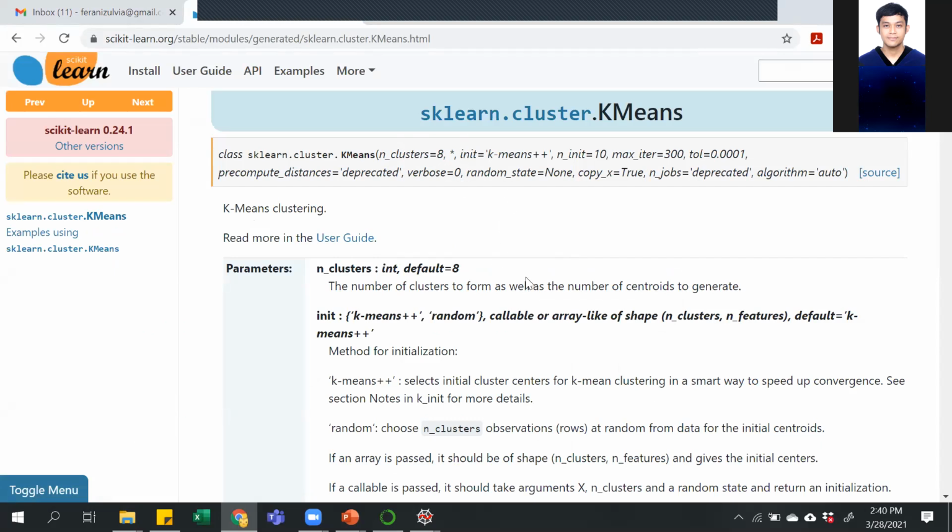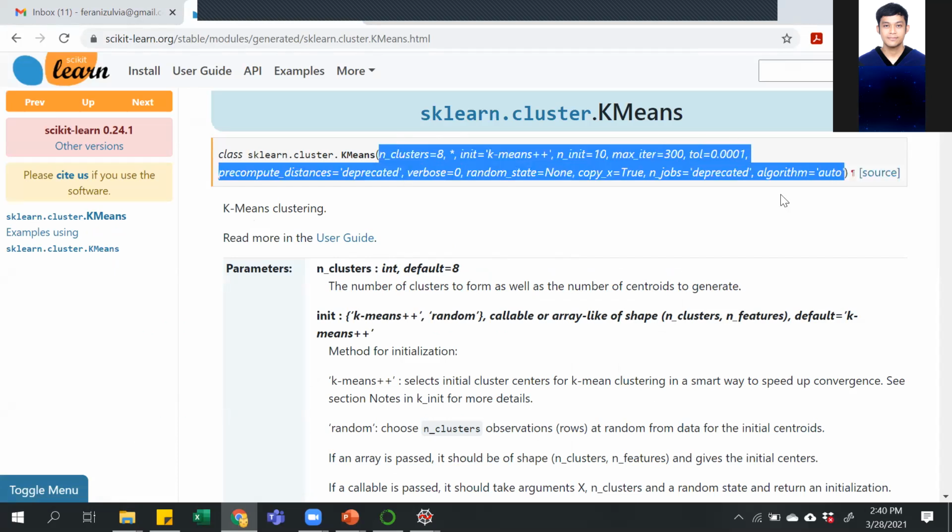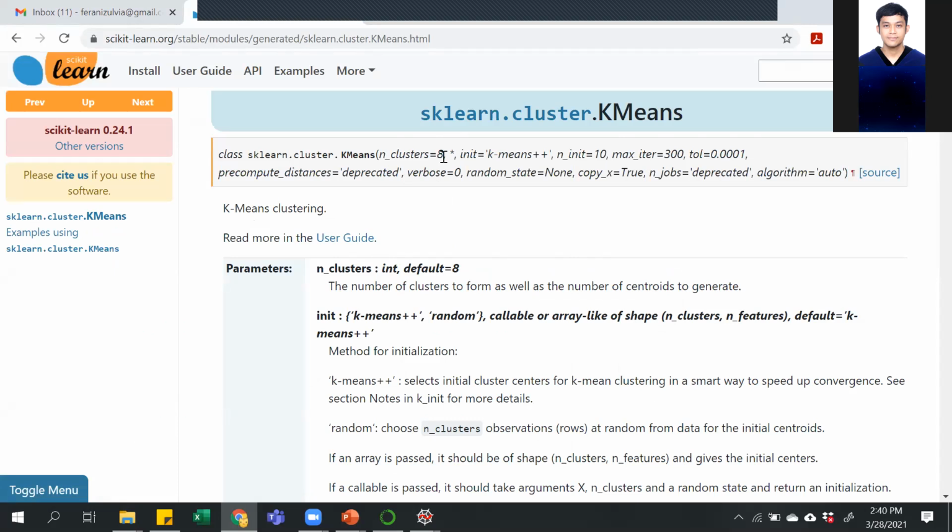First is the parameters for the package. First is the number of clusters. We can set the number of clusters to however many we want. And then init.